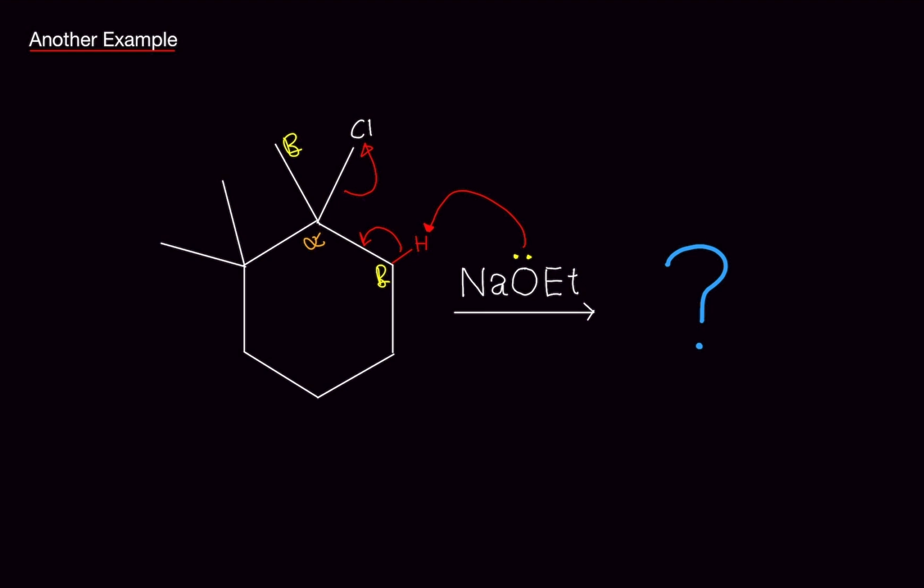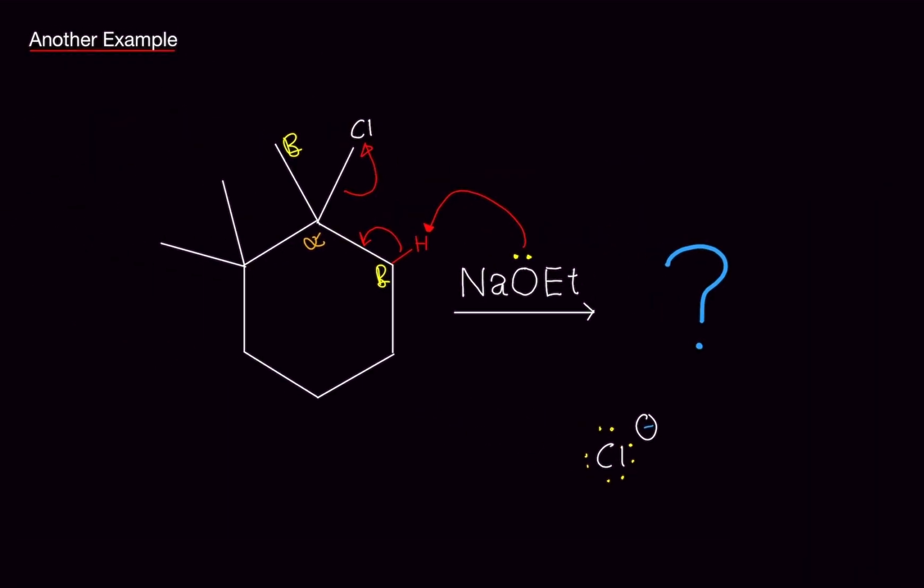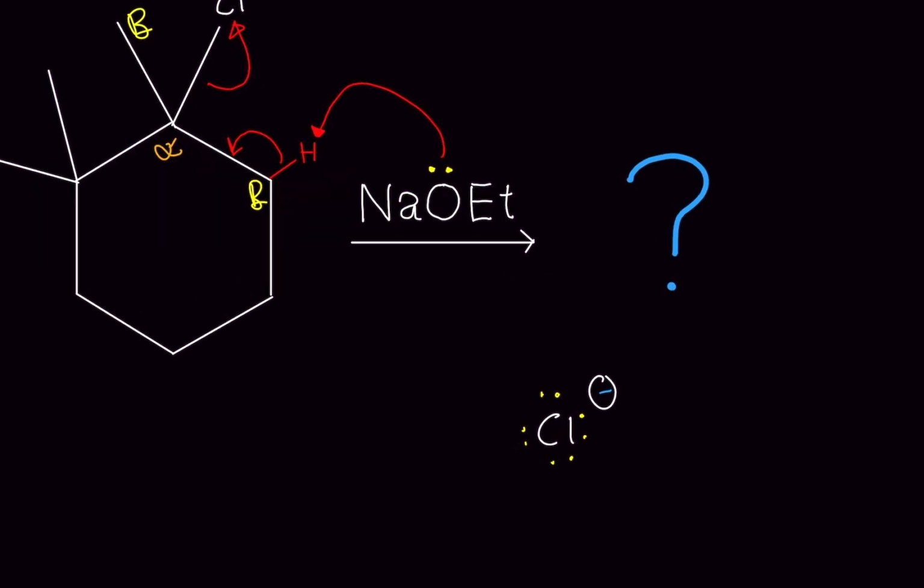And now what we're left with is this. Because remember, you have to include the leaving group. The base has now stolen the proton. So how do we draw that? Well, how you draw this usually is just ignore the sodium, pretend it's not there, and you draw it in like this.